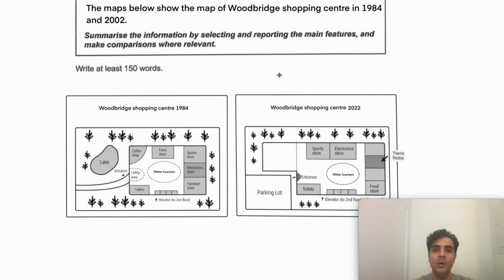And the three questions were, how can I divide this information or this chart into 2 or 3 parts? Now, the first mistake that a lot of students make is they look at this and say, well, I'm going to write 2 paragraphs. I'm going to write 1 paragraph for 1984 and 1 paragraph for 2002. That does it, right?